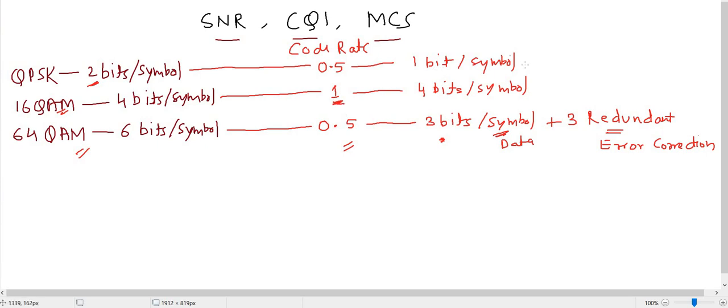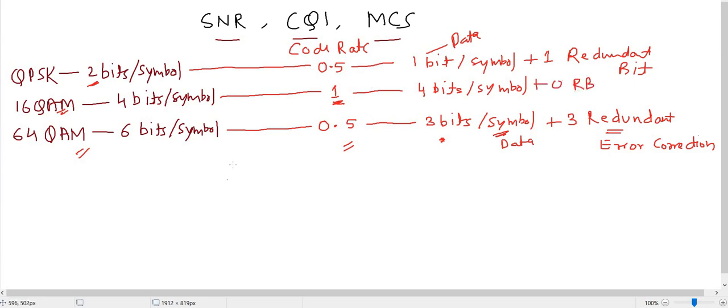And similarly here also one bit is used to carry data, the other bit will be for redundant bit. And here 0 redundant bits are present.